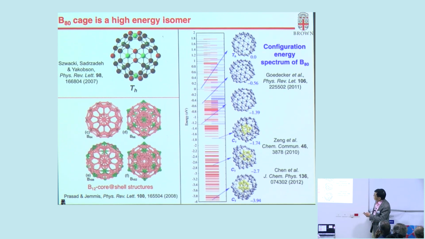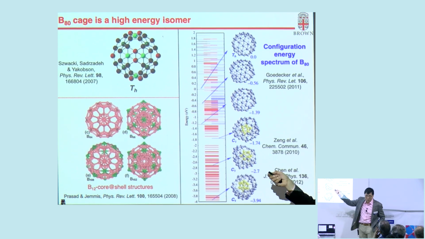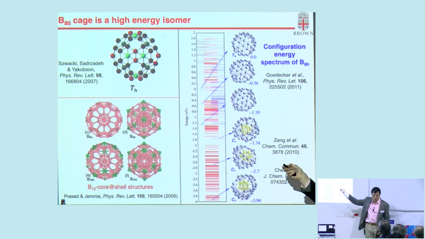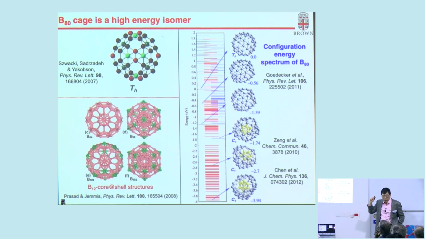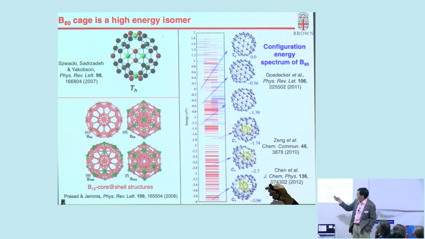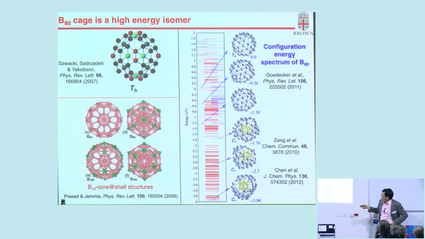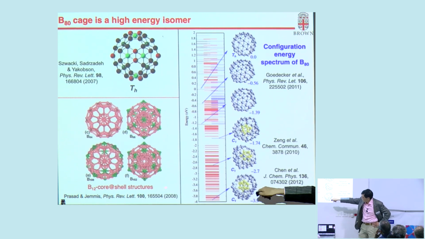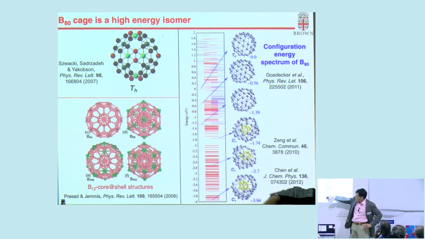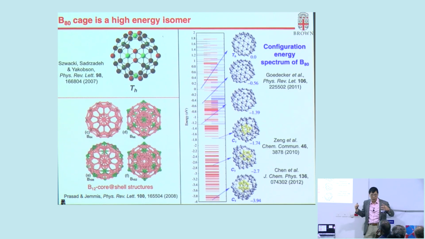In 2007, the group of Jacobsen from Rice published a paper. They suggested that this is actually stable, but it doesn't have icosahedral symmetry, it has tetrahedral symmetry. But actually, Professor James's group immediately published a paper. For even larger boron clusters, they indicated that a core-shell structure is more stable.